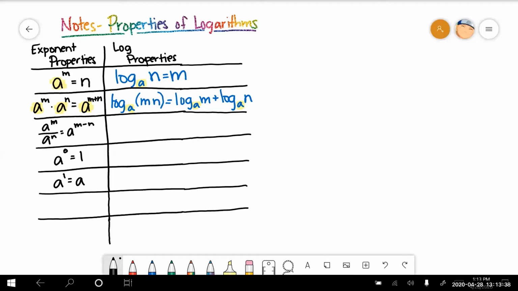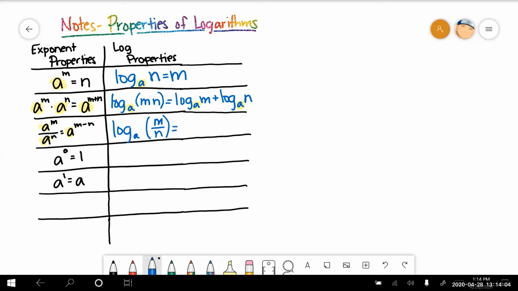Moving on, we've got the quotient rule where we had, again, the same base, A, and when they're divided, you can subtract their exponents. And you can probably guess what the next one will be. We've got log base A of m divided by n, again looking very similar to the exponent property.